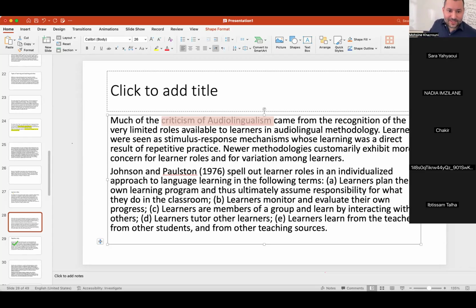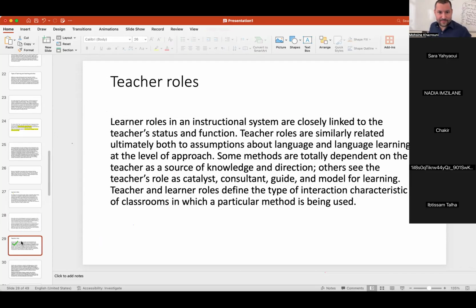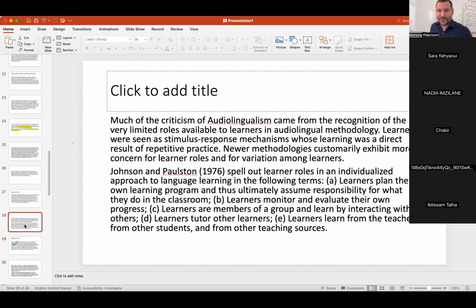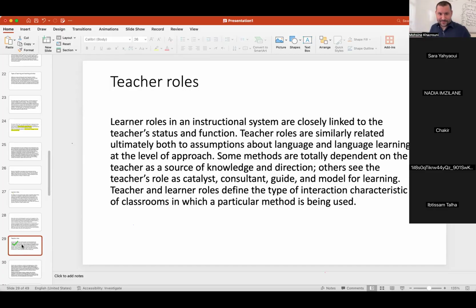So let's continue with this part, please. What about the teacher's role? Let me hear from you. What is the role of a teacher for you in today's classrooms?